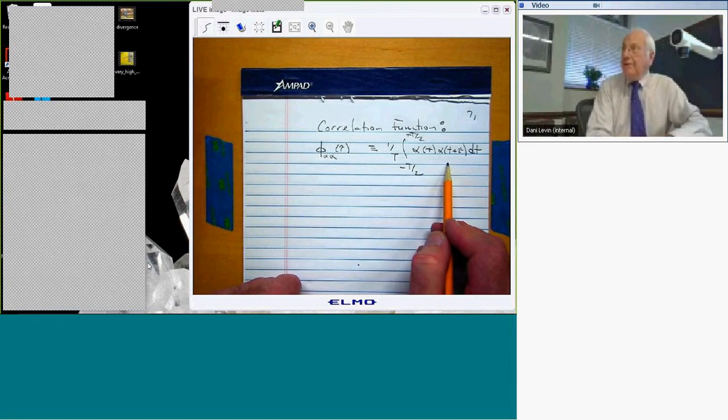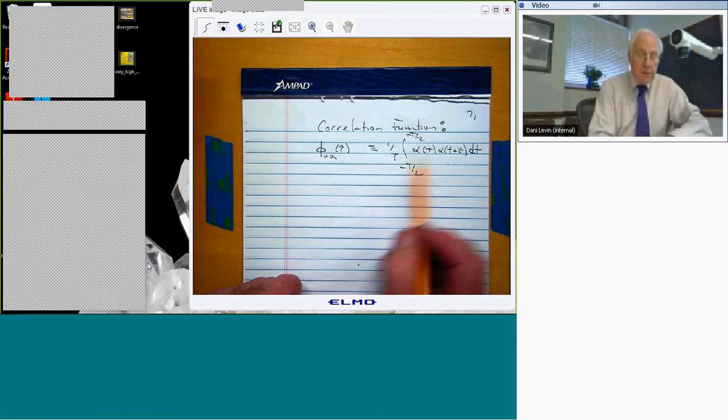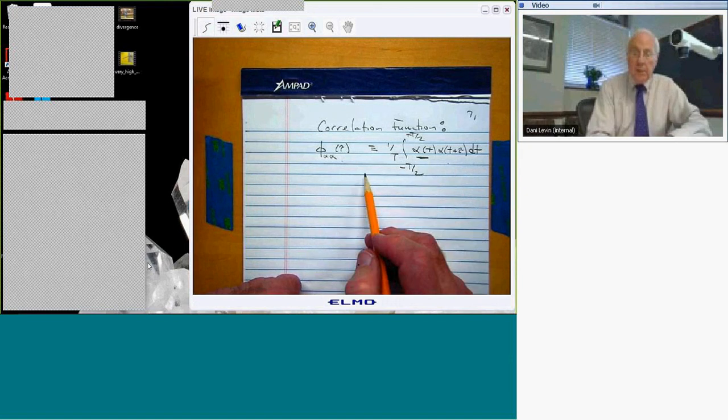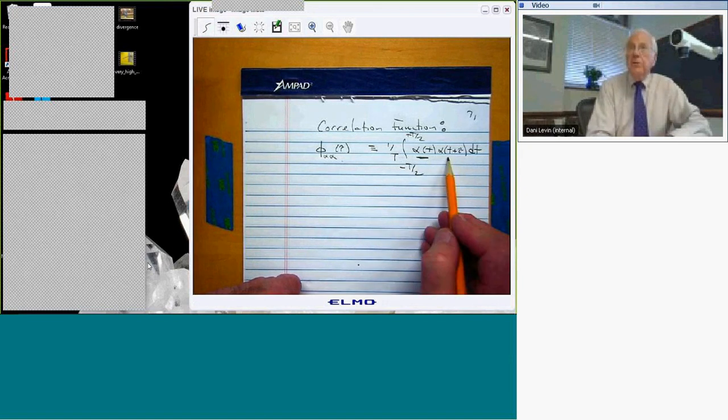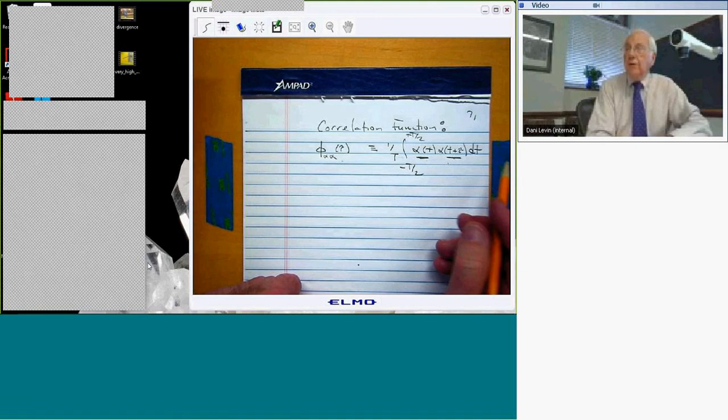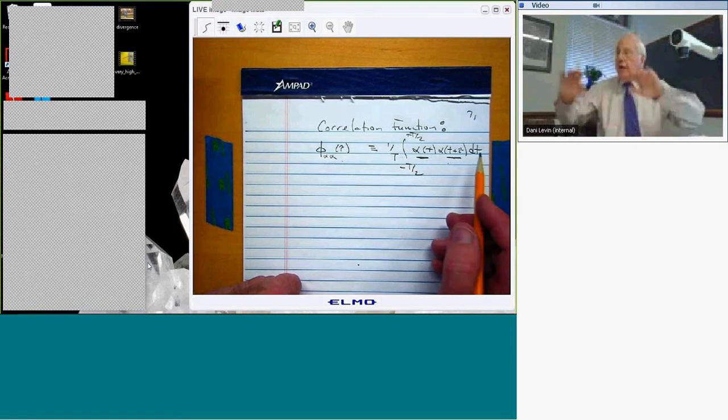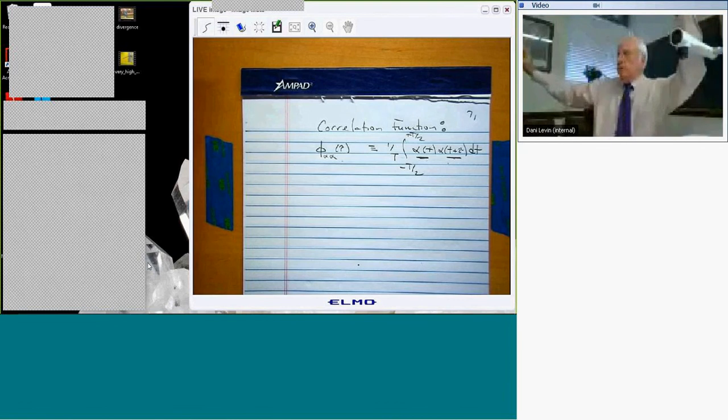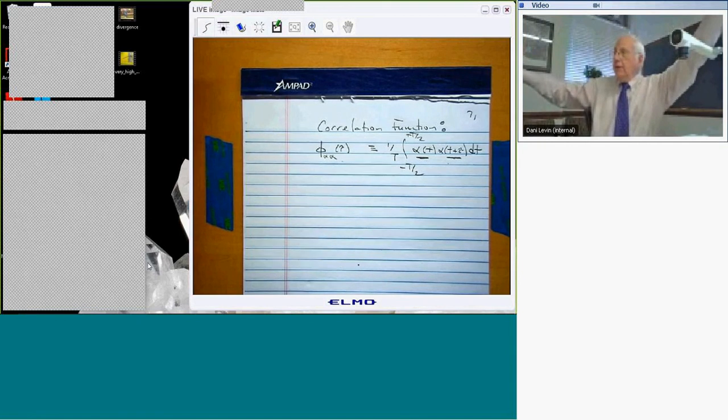But this is the correlation function because it says how some function of time at time t correlates with the same function at a different time. And if it's truly a random function, you would think that as tau gets big, right, as the two instants in time are well separated, if it's random, they don't really have much relationship to each other, or there's sort of a plus and minus calculation.